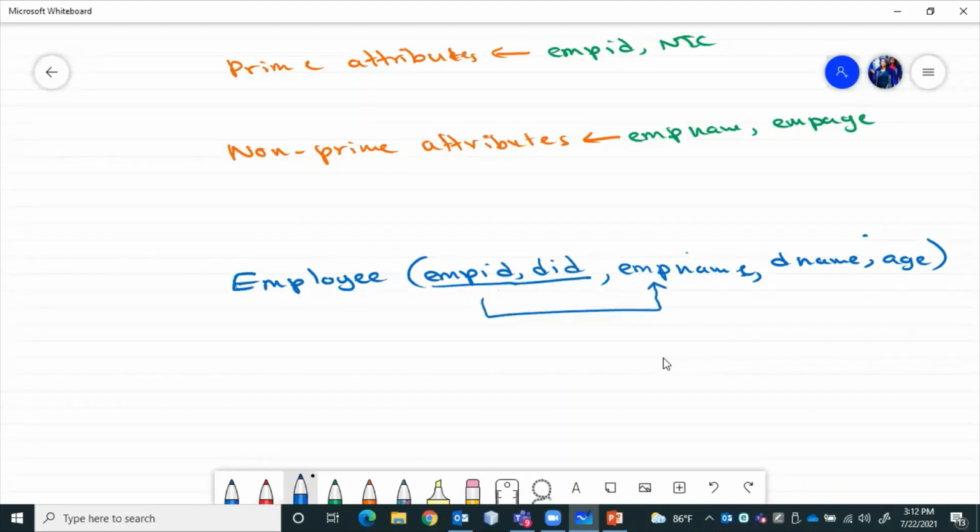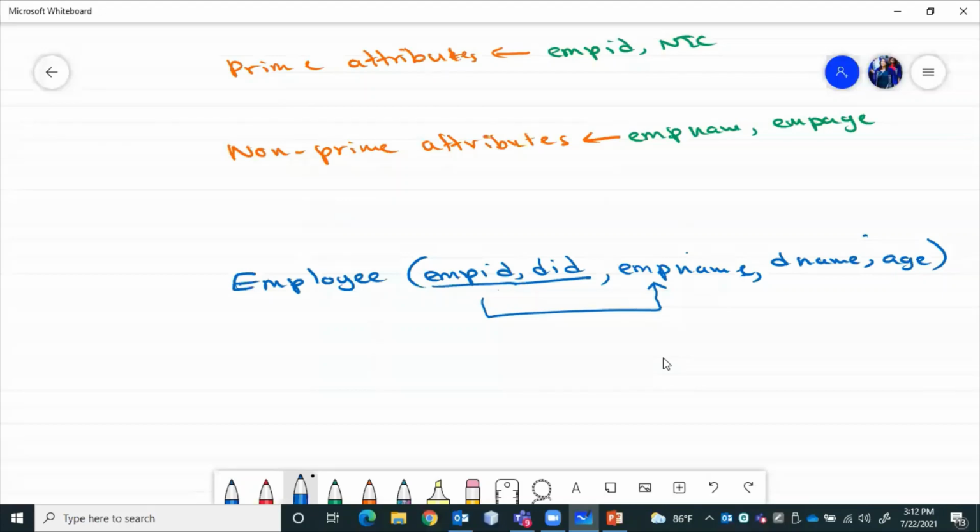It is not depending on the department ID. Employee name is only depending on the employee ID. Is it clear? EMP name we can identify by using the employee ID. Department ID is not going to do anything with this, right? So that means this non-prime attribute is partially depending on this primary key, right?